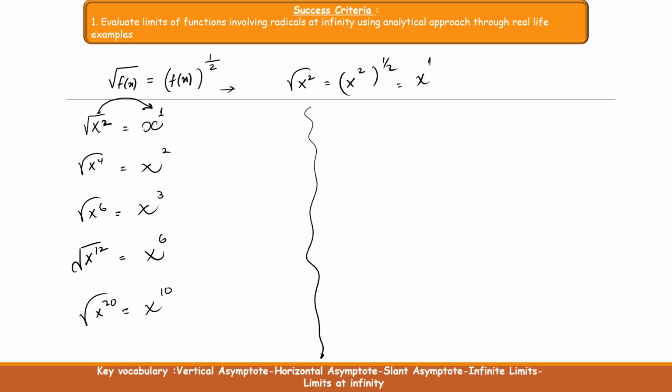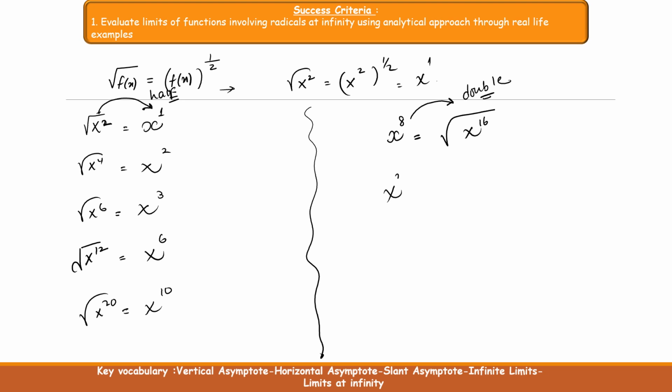Now what if I have only x power 8, and I want to write something inside the square root? If I want to jump to the square root, it means I will double the power. Over here, I half the power from square root to without square root, and from without to the square root, I will double the power. It means 8 plus 8, 16.